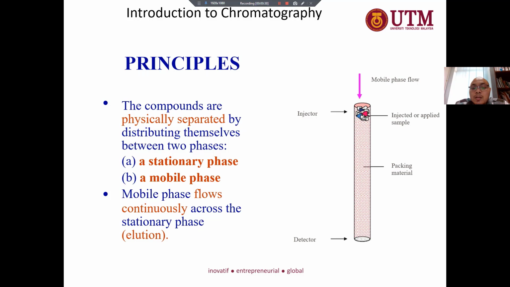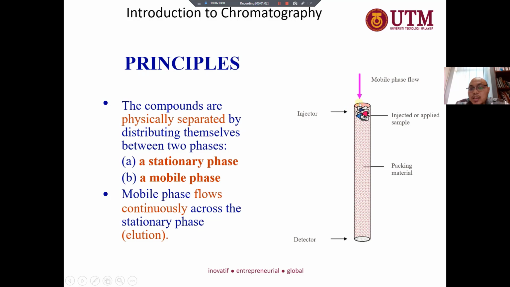It will be static on its path. The mobile phase is moving. The mobile phase is the one that will move the analytes along the stationary phase in order to separate the components.